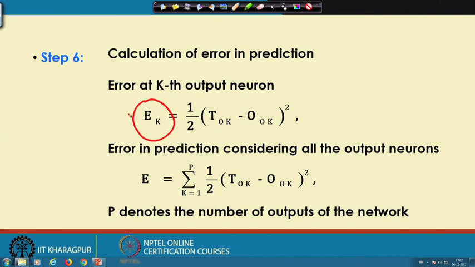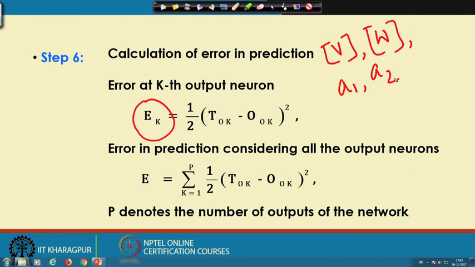If you see the design variables, they are nothing but the connecting weights V between the input and the hidden layer, the connecting weights W between the hidden and the output layer, and the coefficients of transfer function, A1 for the hidden layer and A2 for the output layer.